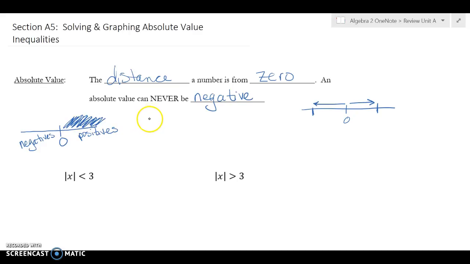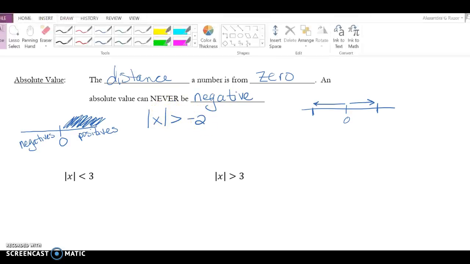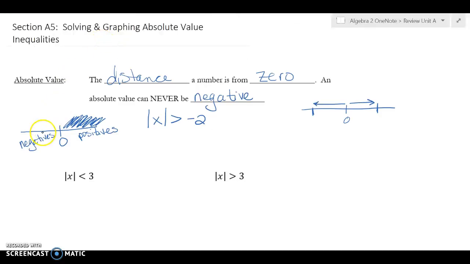So if I have a problem that says the absolute value of x is greater than -2, well, -2 would be right about here. Is this point, these blue points, to the right of -2? They are. So this works. This is okay to have.